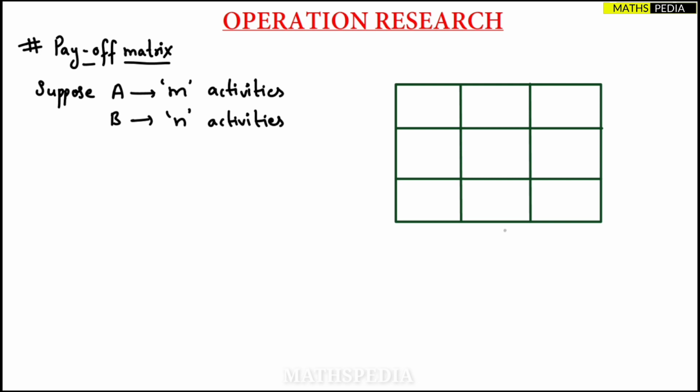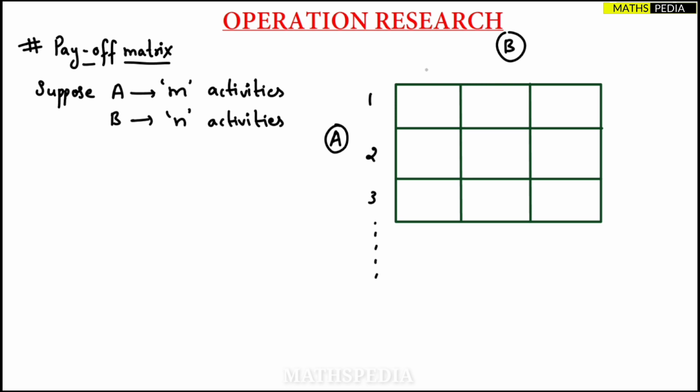Now the payoff matrix is constructed using some assumptions, some conditions. For example, let me consider player A is here, and player B is here. Player A has m number of activities, starting from 1, 2, 3 and so on until m.